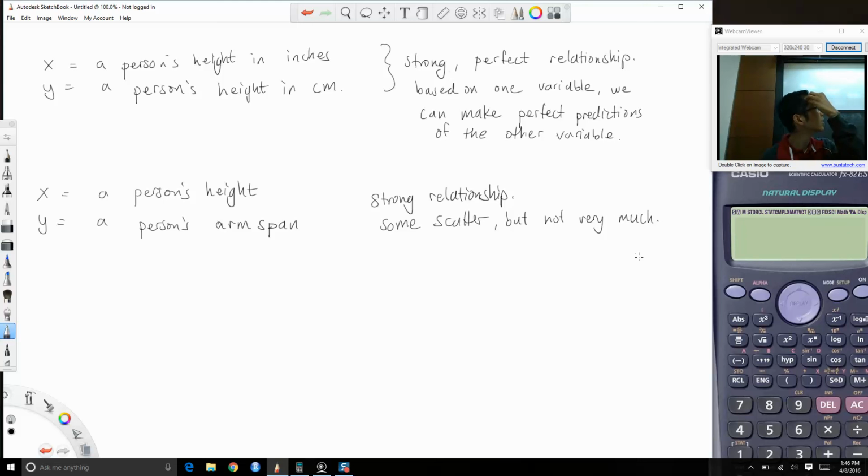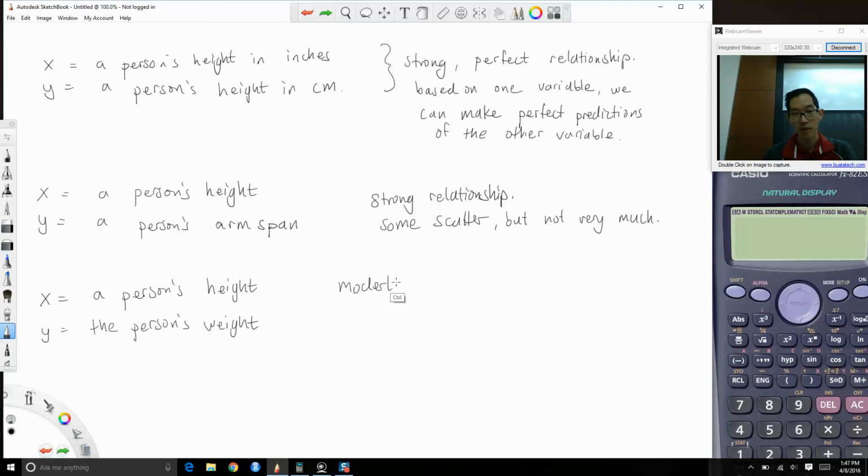Okay. And then lastly, we could have a person's height and the person's weight, right? And this would have either a moderate or a weaker relationship.